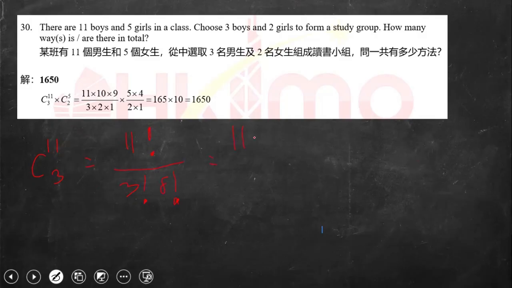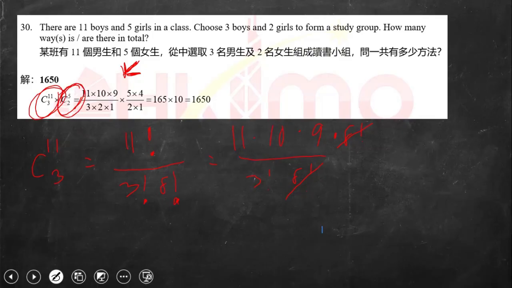If you simplify it, we can cancel 8 factorial here. That's how we have this expression. And doing the same to the second one. So for this one, we're choosing 3 boys from 11.